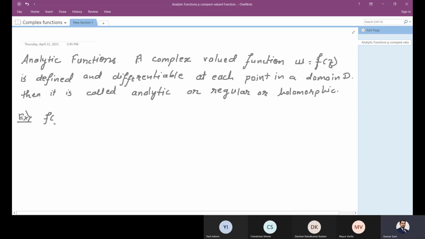Example: f of z is equal to mod of z square. What we saw at the end was this function is differentiable only at 0 comma 0, otherwise not differentiable.